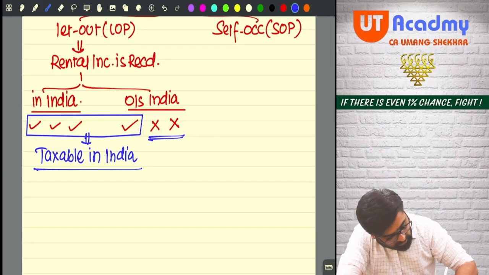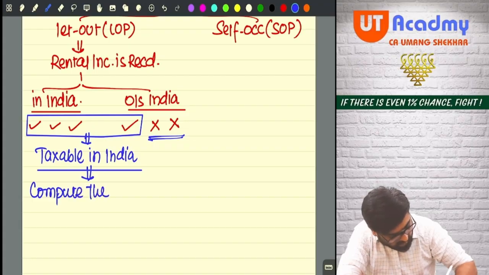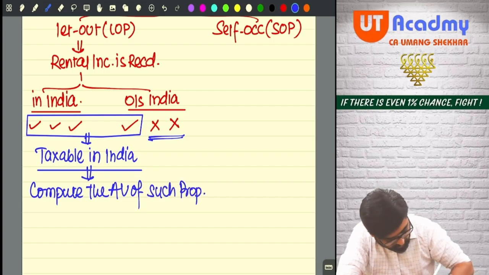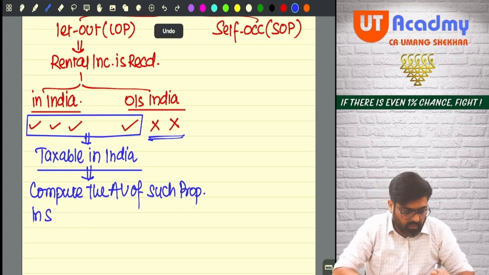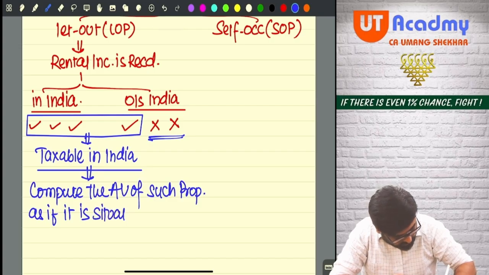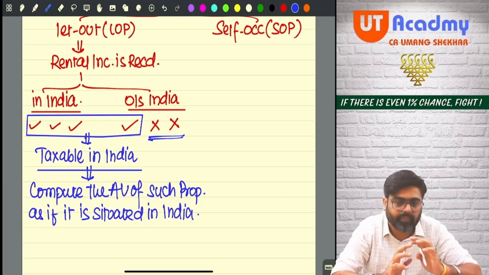So in order to do this, you are supposed to compute the annual value of such property in such a way as if it is situated in India.